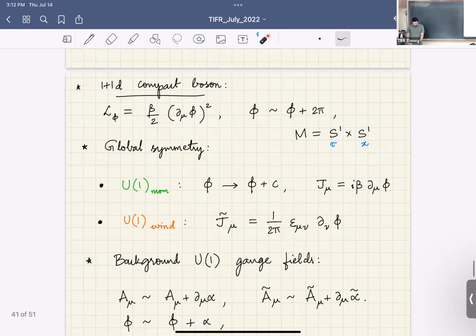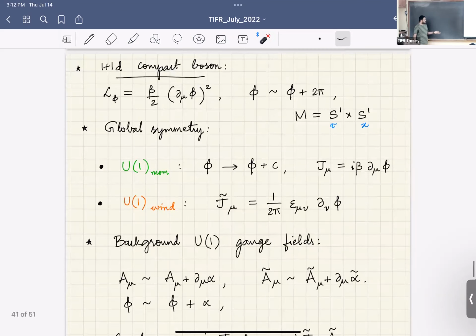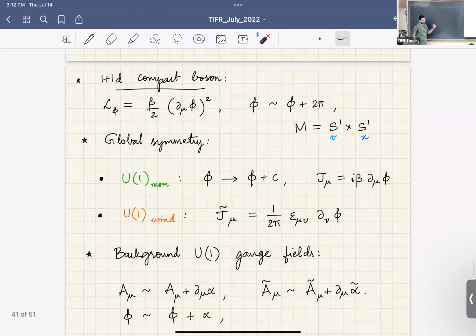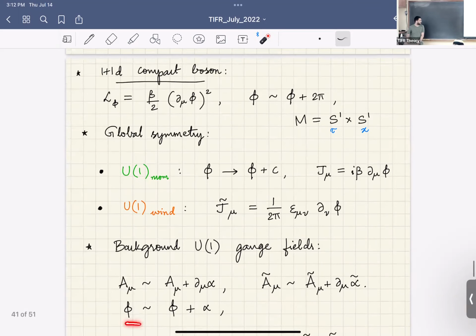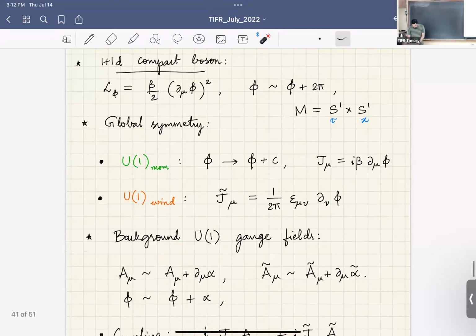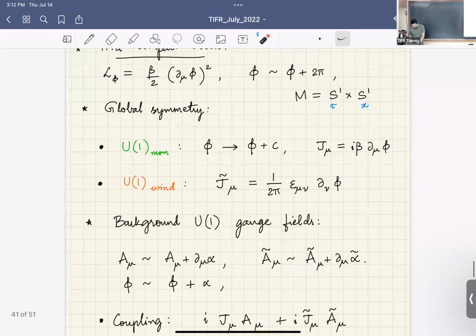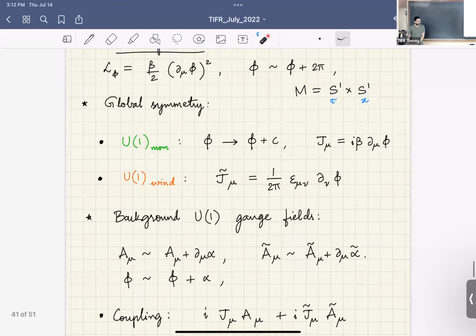For a U(1) global symmetry, the background gauge fields are essentially the usual one-form gauge fields, the A here. So I use A to denote the background gauge field for the momentum symmetry and A tilde for the winding symmetry. The field phi also transforms under this gauge symmetry. The way to couple these gauge fields to the currents is by adding this term to the action.